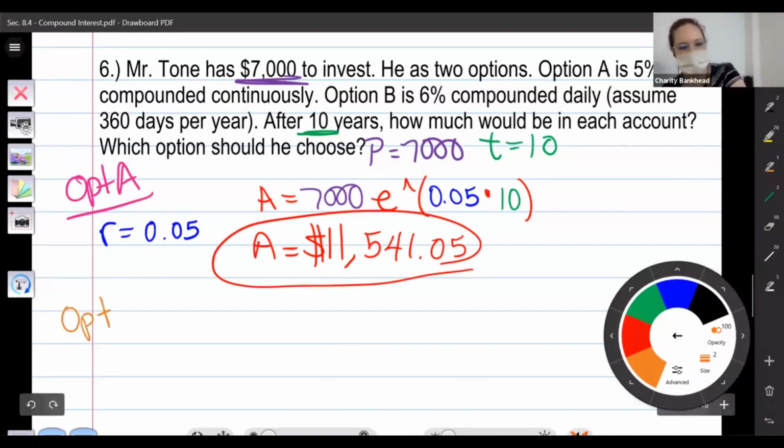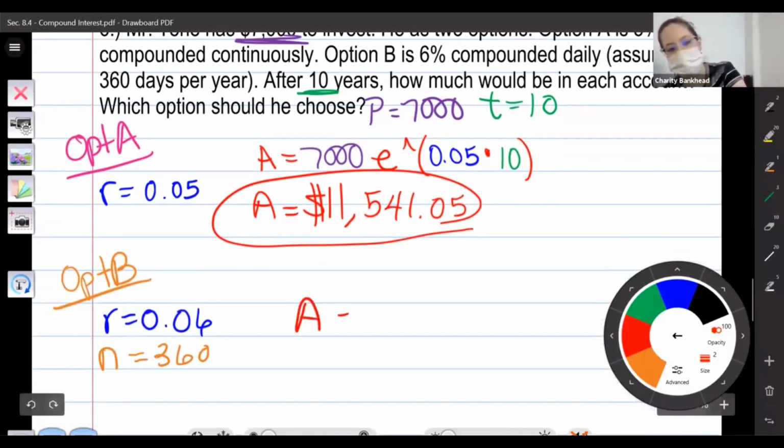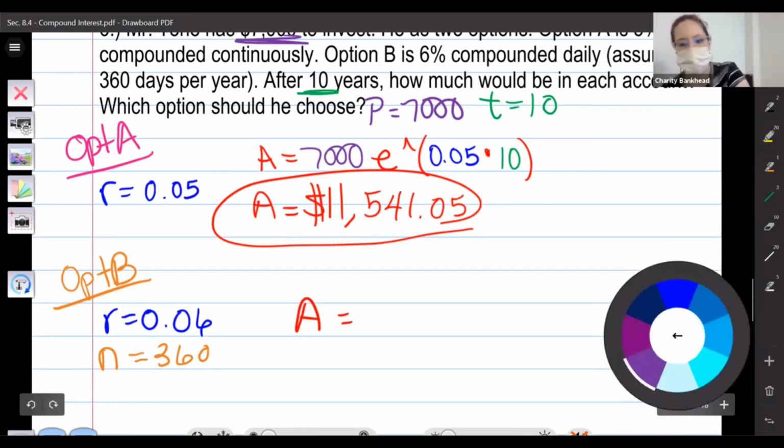So then for option B, it's 6%. So it's going to be R equals 0.06. And that's compounded daily. And basically they want you to use N being equal to 360. So this is going back to the regular compound interest formula.